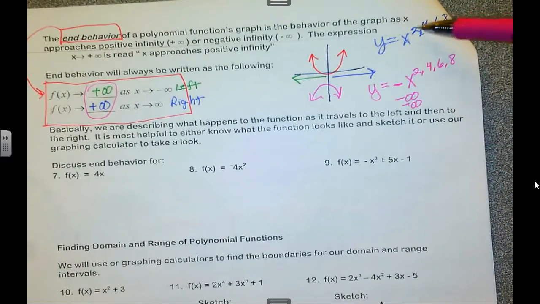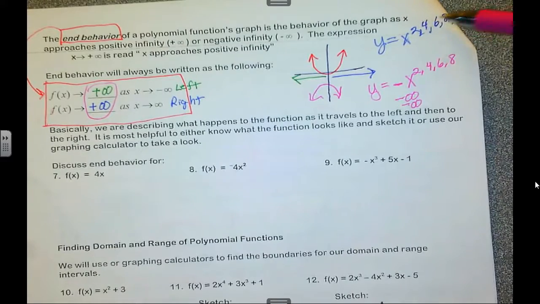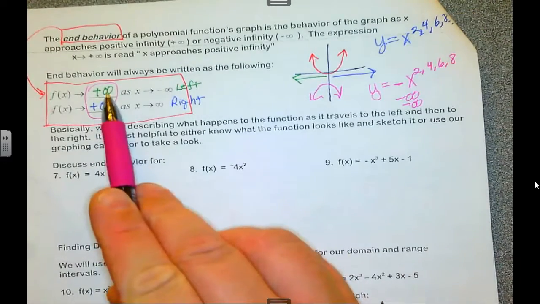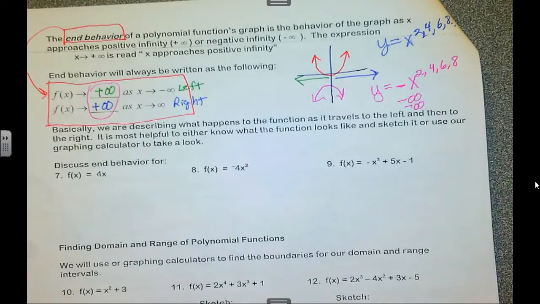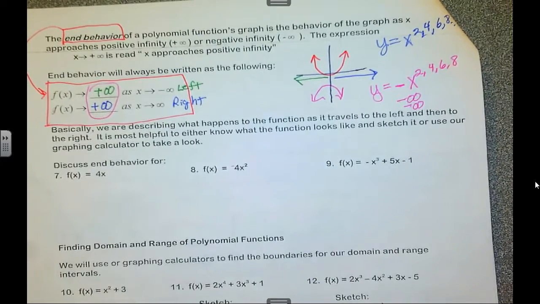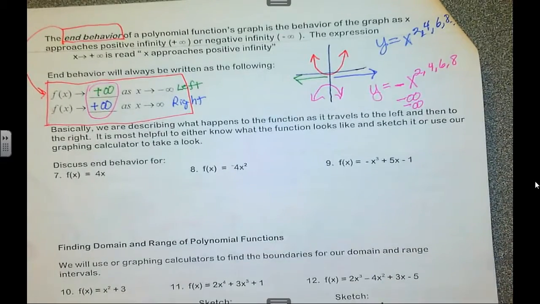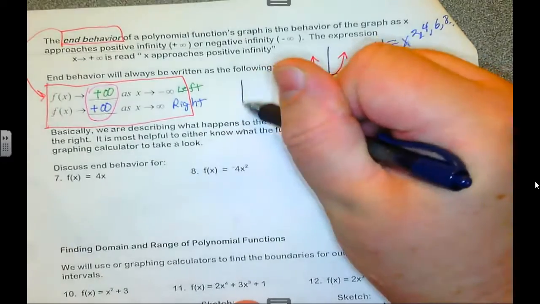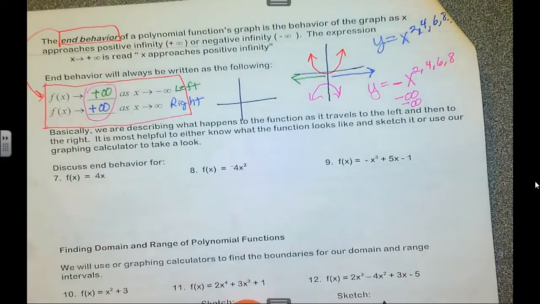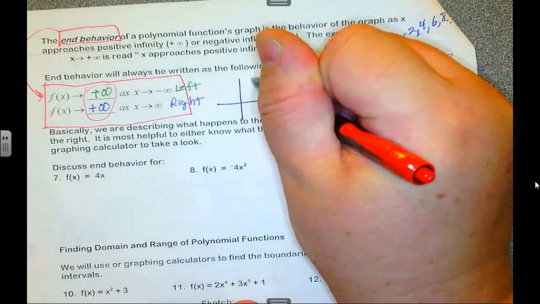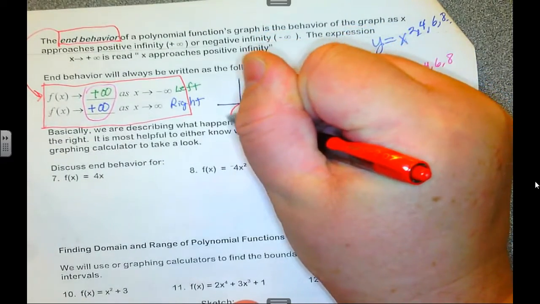So when I'm looking at even integers for the exponents of the variable, it's going to be positive infinity for your end behavior. If I'm talking about an odd polynomial, this is y equals x cubed, right?